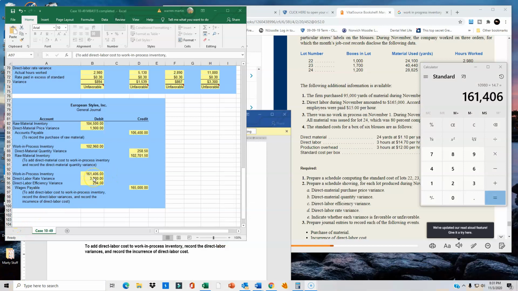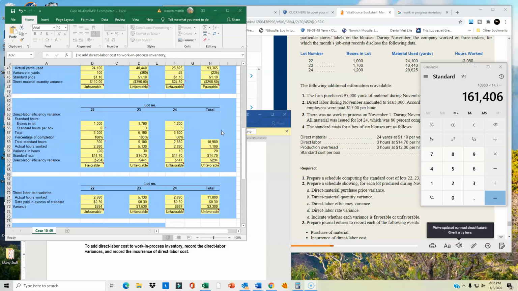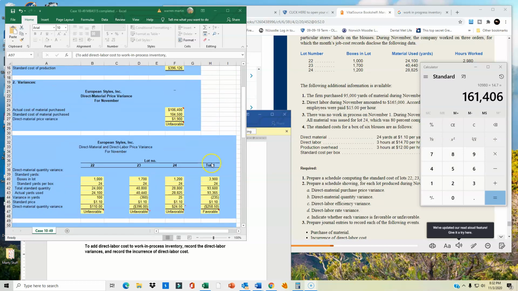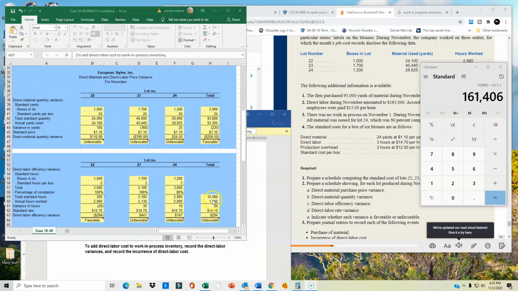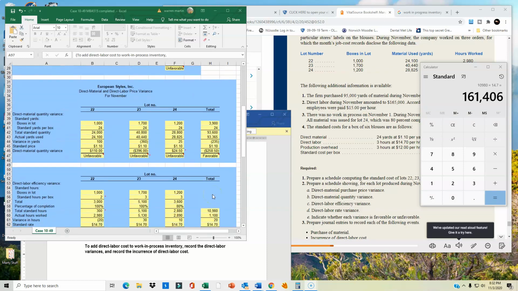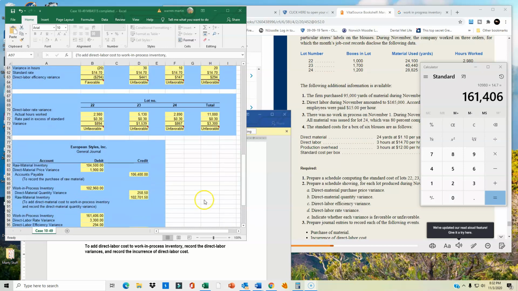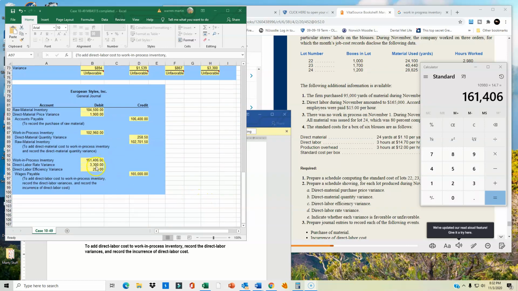And then we already know the 3,300 and the 294 from back up here. There's the 294, again, it's talking about labor. And then the 3,300, where did it go? Just had it. Right there, again, the labor variance. So that's where we got those two numbers. And then we add all three of these up.